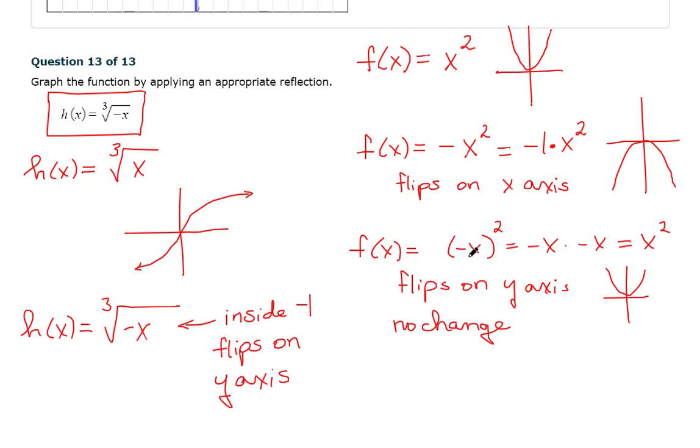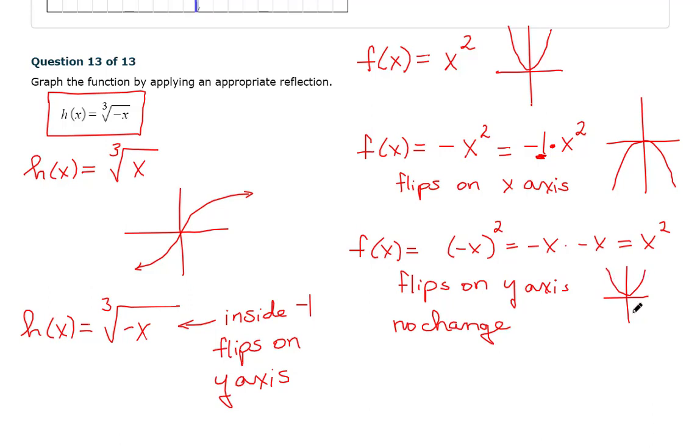If I put the minus on the inside, so here the minus 1 was on the outside, here I'm putting it inside of the squaring. The effect is it's going to flip it on the y-axis. But if you look at our shape, it won't matter if we flip this around.